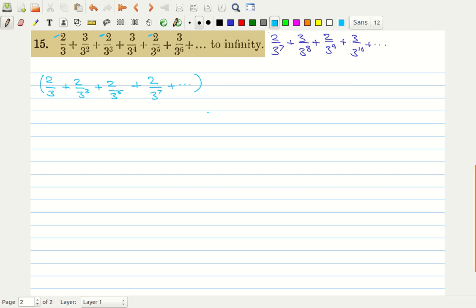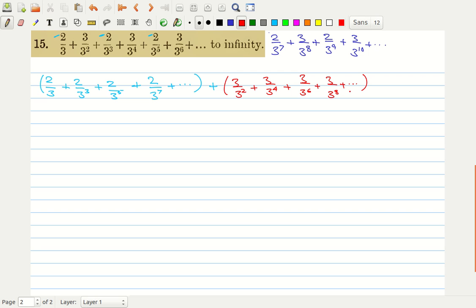So this is one part of the sum, and the second part of the sum is going to be wherever the numerator is 3. So we can write it is 3/3² + 3/3⁴ + 3/3⁶ + 3/3⁸ and so on.